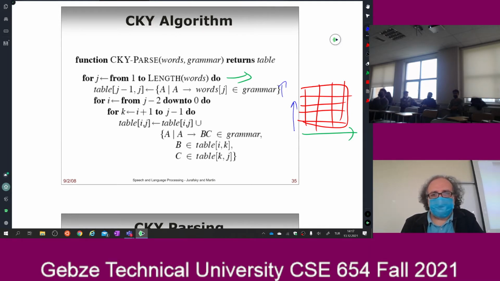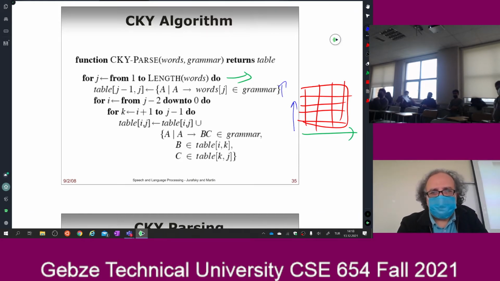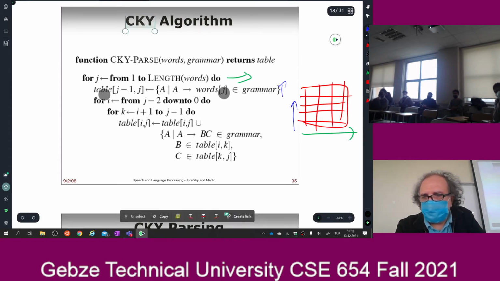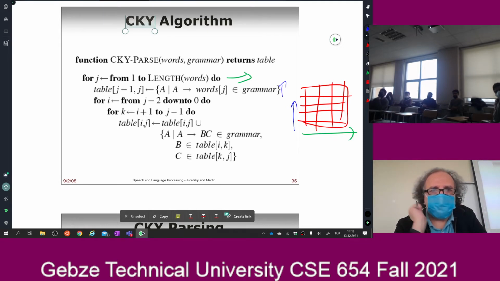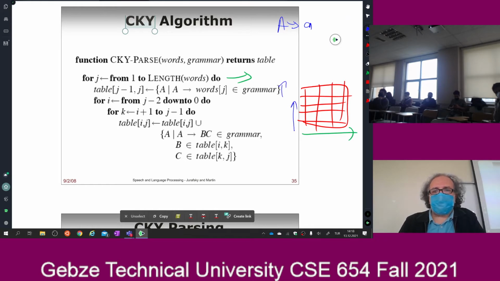So from 0 to length of words, what is this line? This is finding all the possibilities of a word inside the grammar. Only this line looks at the rules of this type. All the others are looking at binary rules.